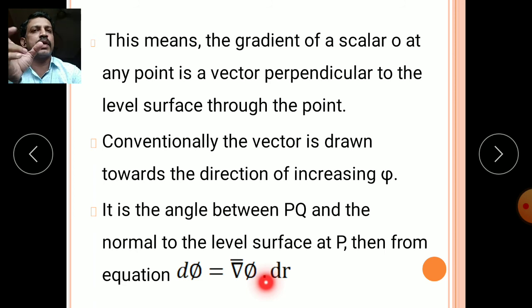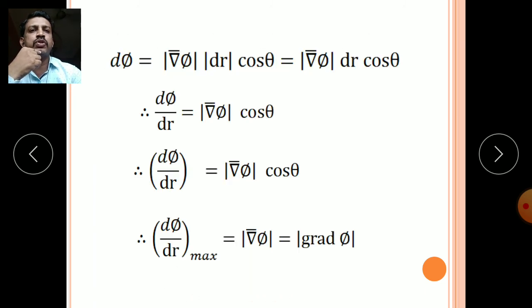If a and b are two vectors, then their scalar dot product is given by the magnitude of a, the magnitude of b, and the cosine of the angle between them. Similarly here, this is d phi, this is the magnitude of del phi, this is the magnitude of dr, and the cosine of the angle between them, that is cos theta. Therefore d phi equal to del phi dr cos theta, and as we change the side of dr it goes to the division, therefore d phi upon dr equal to del phi cos theta.